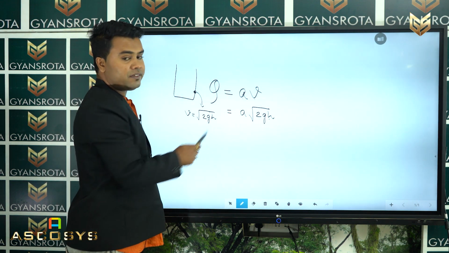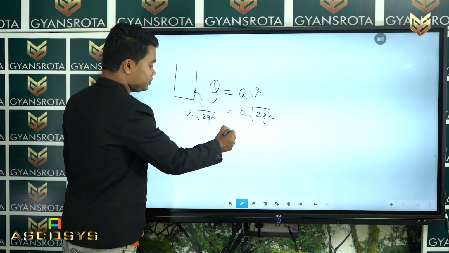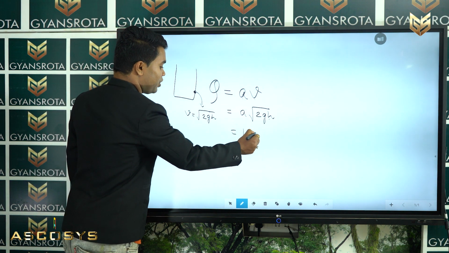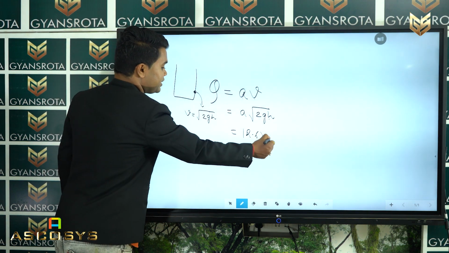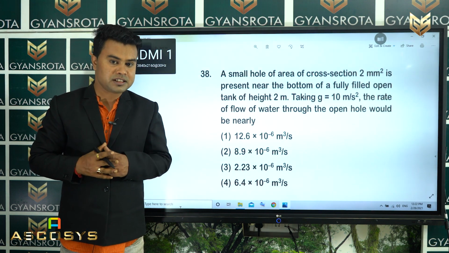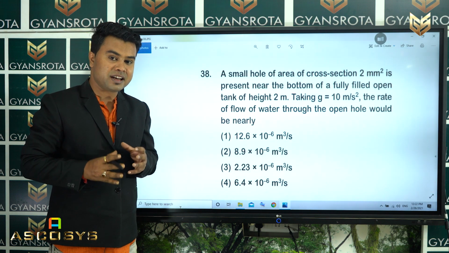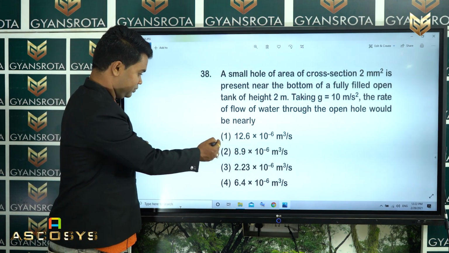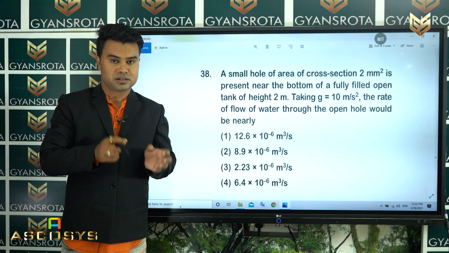Now you just put the values and you will see that the answer comes out to be 12.6 into 10 to the power minus 6. Now let us see which one is the correct answer from the options. If you see, number 1 is the correct answer. So that is all we have from this question.